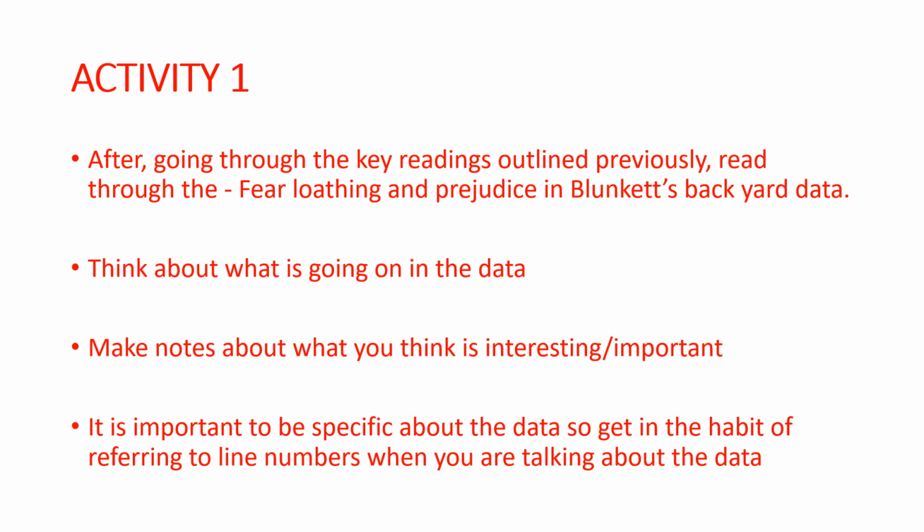Very importantly, do make a note of the line numbers where you see interesting things, where you see discursive devices, and anything else that you want to make a note of. It's really important to be specific about the data, so get into the habit of referring to line numbers when you are talking about the data.